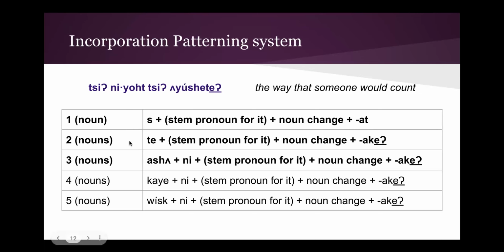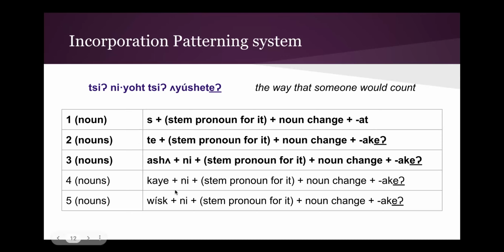Then when we get to making 2 things, we're counting 2 things. This day, which is our dualic sound, or 2, comes out front, is the first thing we're going to hear. Then the stem pronoun for it that goes along with the noun. And then now we have a different ending, hage.